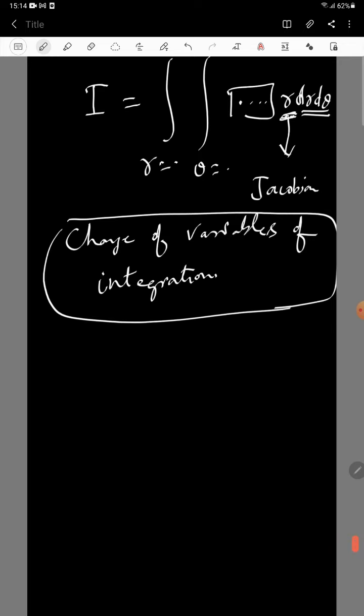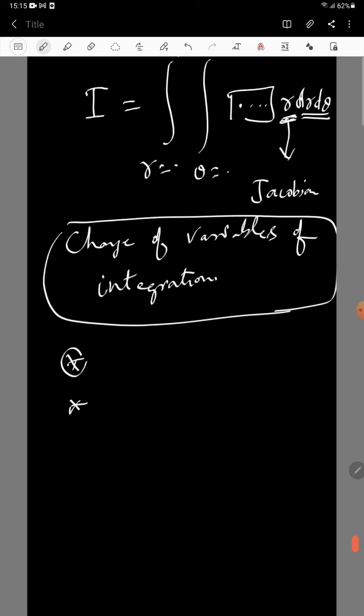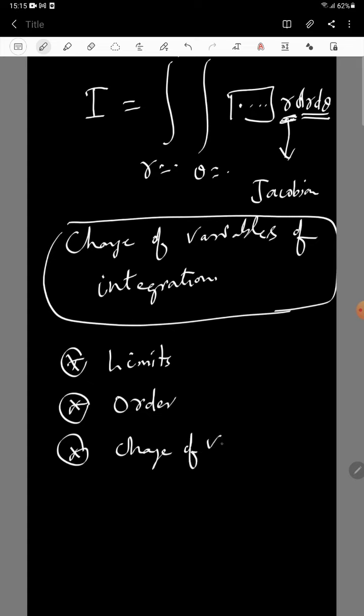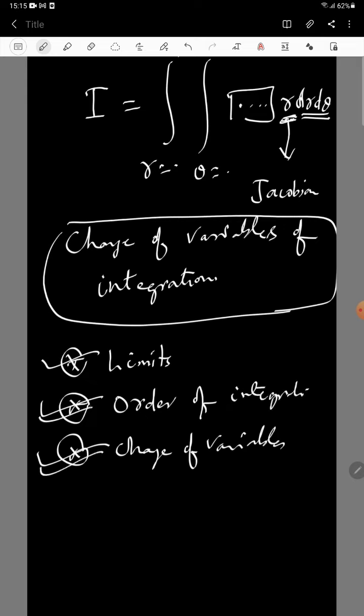So there are three things in final conclusion: finding the limits, what is meant by the order of integration, and what is meant by change of variables. I will discuss one by one how to find the limits, how to change the order of integration, and how to go for change of variables. These three things I will separately record in separate videos. I hope you understood this part.